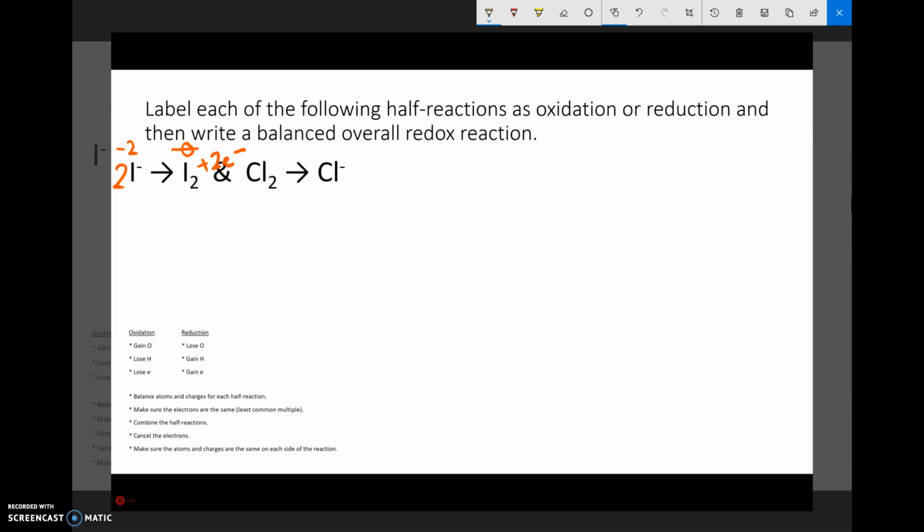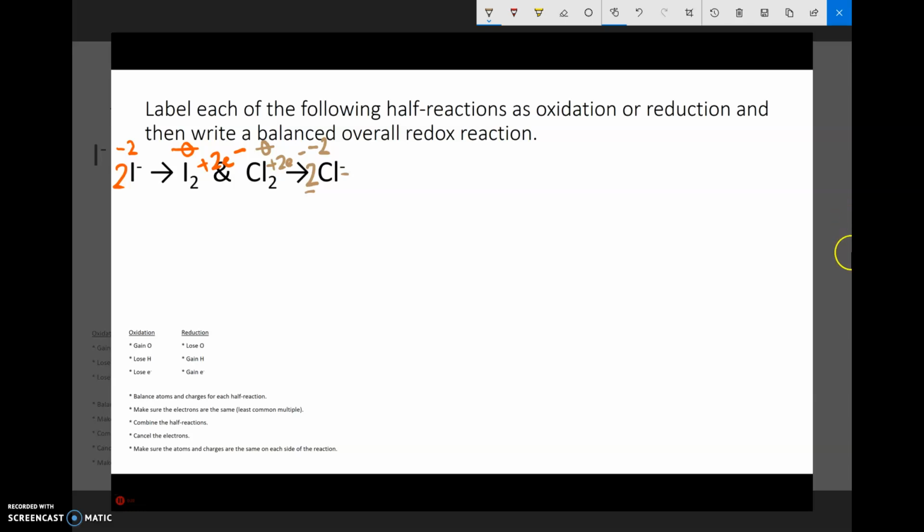Okay, now let's do chlorine. We have 2 chlorines on the reactant side, only 1 on the product side, so we're going to go ahead and put a 2. On the reactant side, no charge. On this one, we have a 2 and a -1, so that makes a -2 when we multiply. Again, we add electrons to the side that is the most positive. We need it to match a -2, so we're going to add 2 electrons to the reactant side.